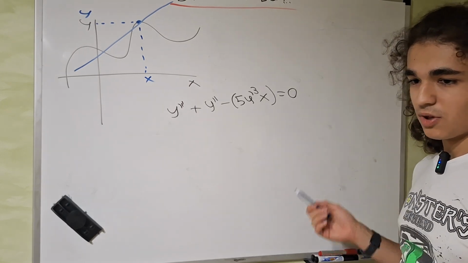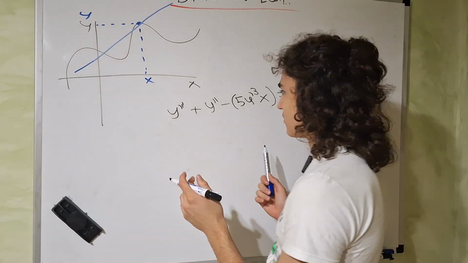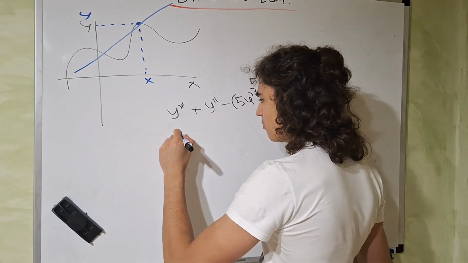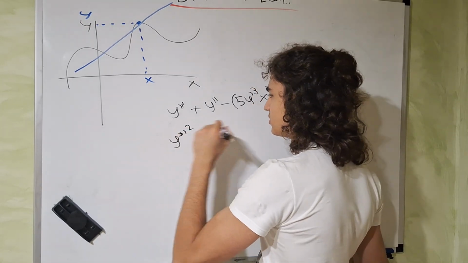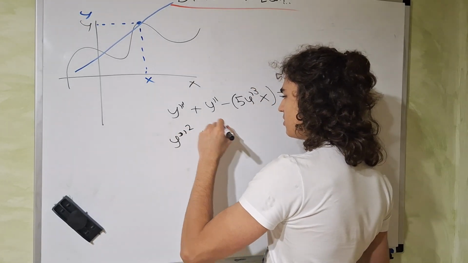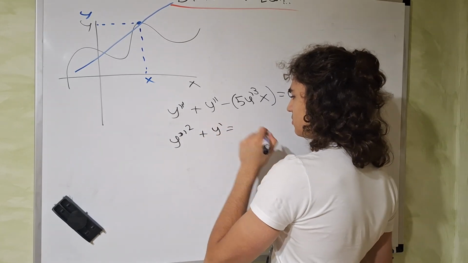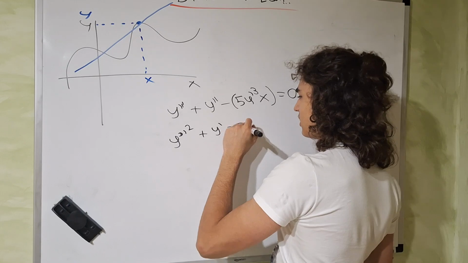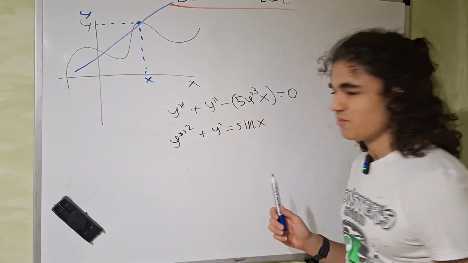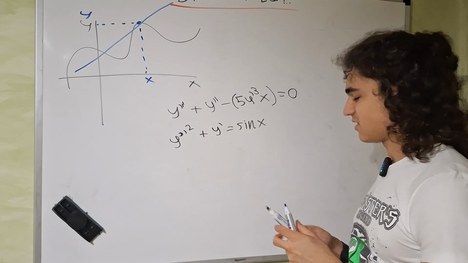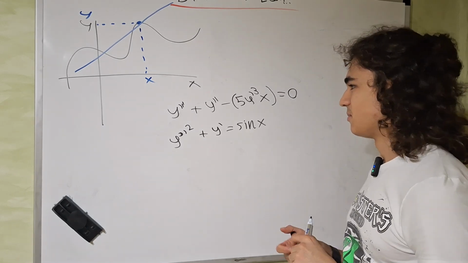And we have, for example, another differential equation, the second derivative of y squared plus y prime equals sine of x. Those are weird equations. It's not important the equation now, but some aspects of them.